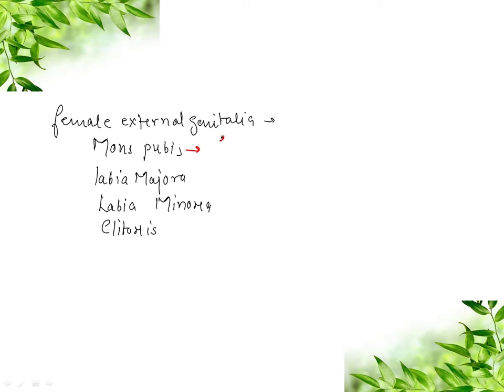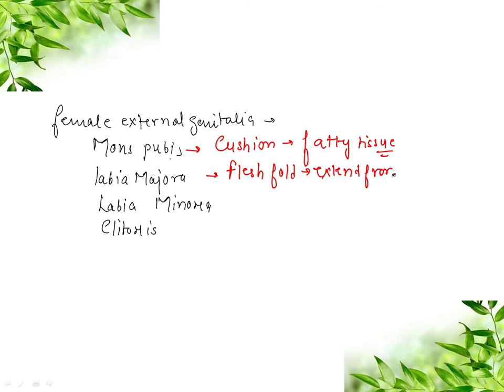Mons pubis is a cushion-like structure made up of fatty tissue having the pubic hairs. Labia majora are the fleshy folds that extend from the mons pubis and surround the vagina.